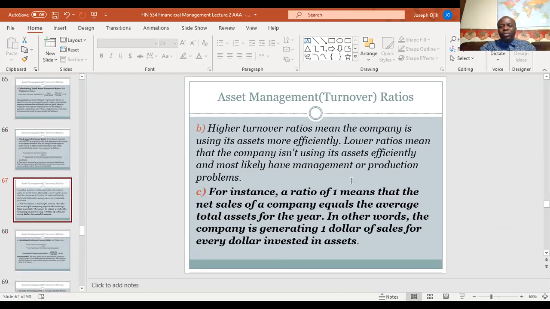A higher turnover ratio for this particular ratio is good, but a lower one is not good. A ratio of 1, for example, means that the net sales of a company equals the average total assets of the year. That means the company is generating $1 of sales from every $1 they invest in their fixed assets.